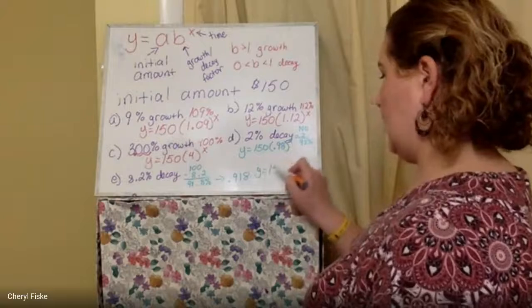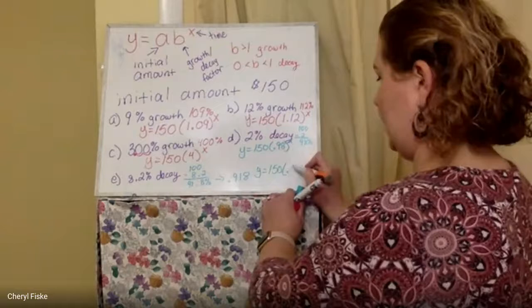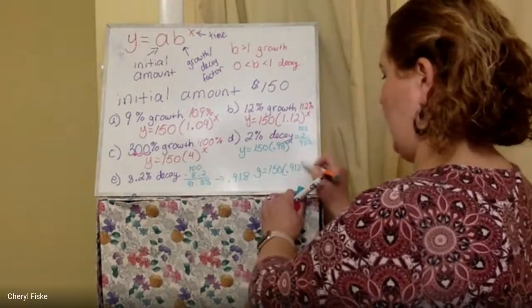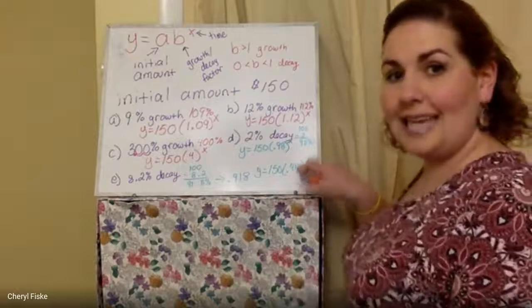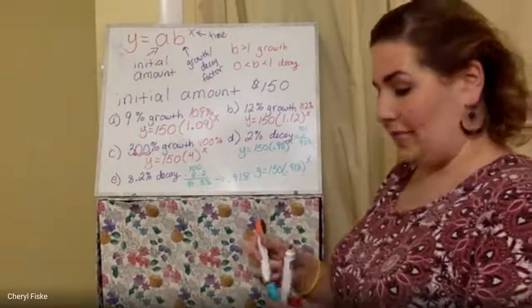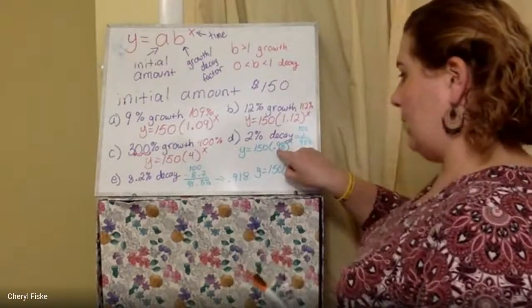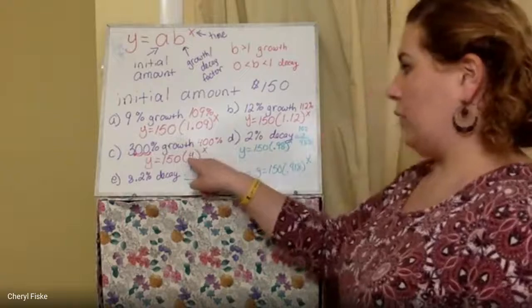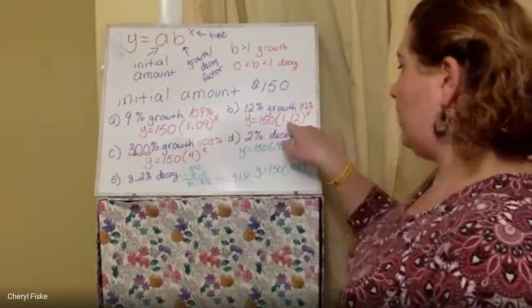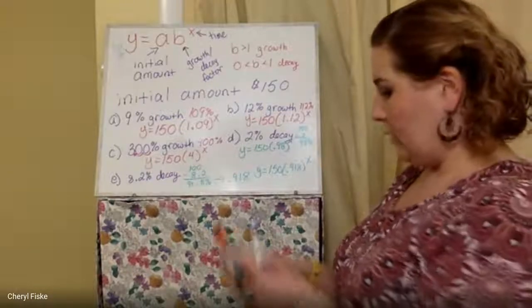Y equals 150 times 0.918 to the x. And then I could look at this and notice that it's down from 100, so I was definitely at a decay problem. Down from 100, in between 0 and 1, decay problem. Up above 1, growth. So it fits, and then I know that I'm right.